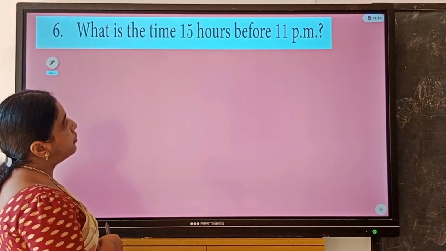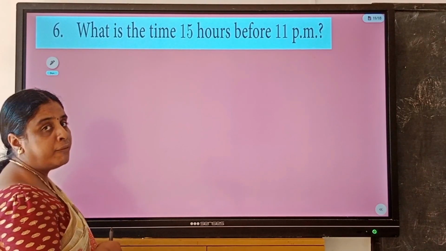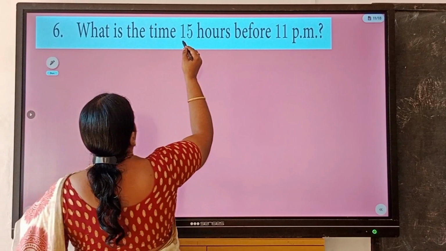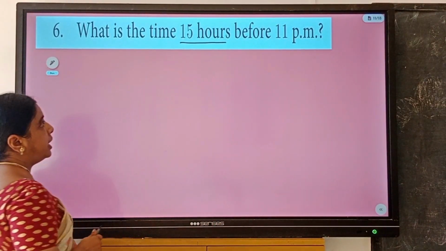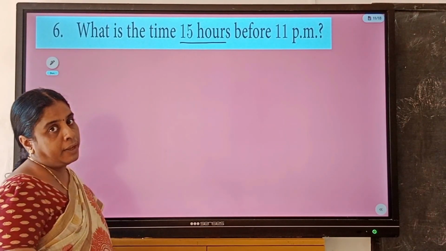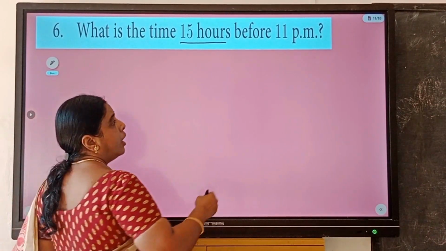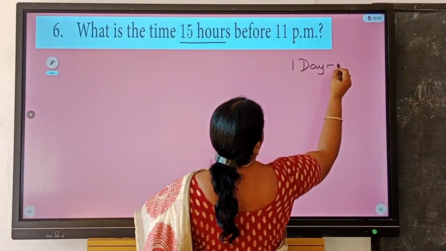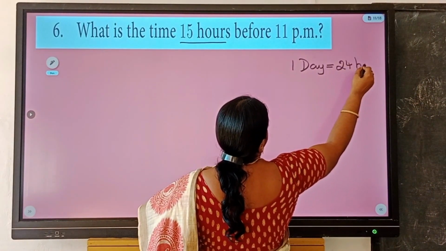What is the time 15 hours before 11 p.m.? So in the sixth term we have 15 hours mentioned. Of course, 15 hours is going to be within a day. So in a day, how many hours do you have? One day you have 24 hours.